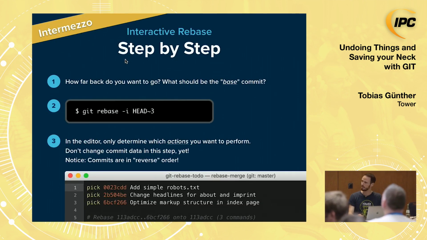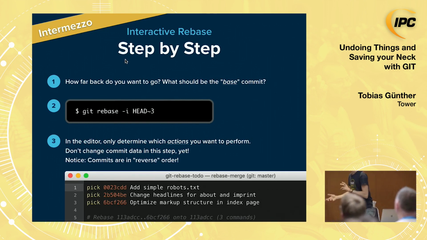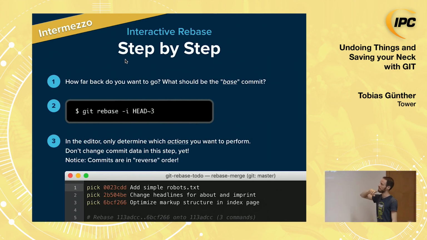And actually, that is quite a simple case, so it's a good case to explain how interactive rebase works in general. So we always have around 3 steps with interactive rebase, no matter what we do. The first one is asking yourself, how far back do I need to go in history to manipulate that part of history? We'll see that in practice in a second.